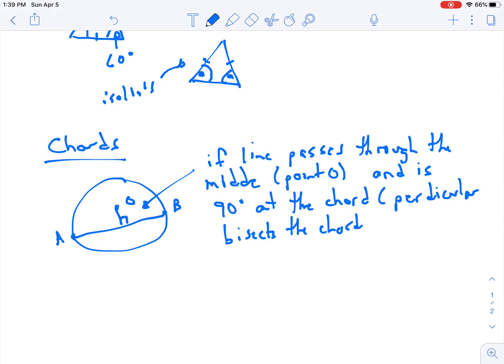So that's basically saying we've created a 90 degree angle at that point. So we say it's a perpendicular bisector of chord AB.